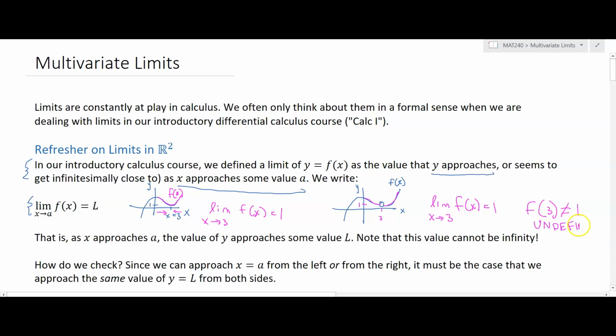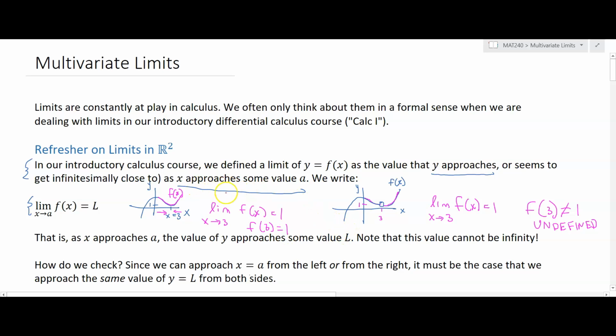But we can still talk about limits, because limits are about getting closer, making the step towards x equals 3 as tiny and tiny and tiny as we want. We can get infinitesimally close to that point. We'll get closer to a y value of 1, but we will never actually reach it. So here, in this example off to the left, f of 3 is in fact equal to 1.